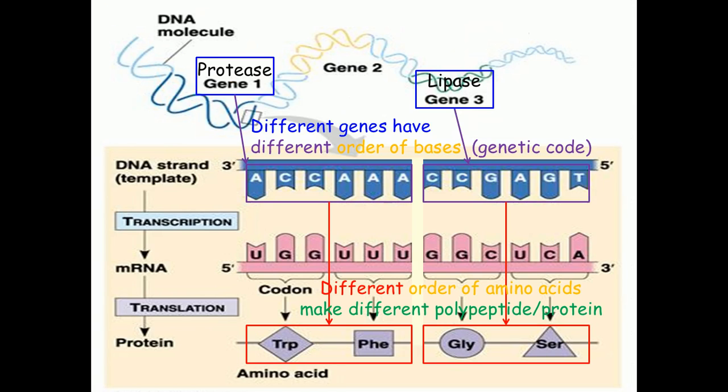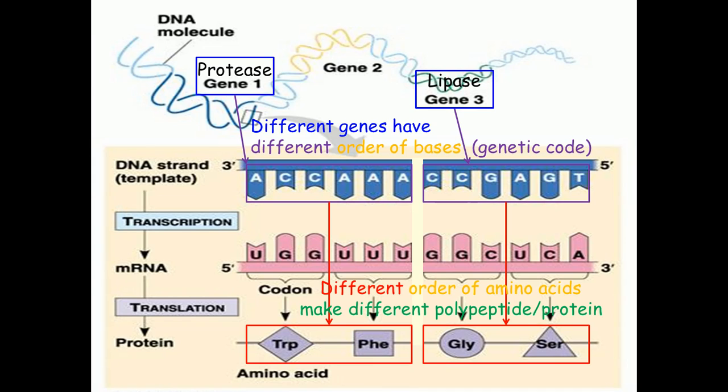So to summarize, there are lots of different genes in an organism, and these different genes are made up of a different order of bases. That means that the instructions they have to make the protein are different, because the amino acids will be added in different orders.